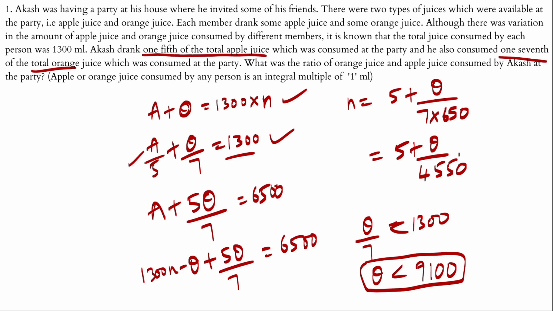So the only value that is possible is 4550. So O will be equal to 4550. Then n is 5 plus 1, which is equal to 6. So n is equal to 6 and O is equal to 4550.